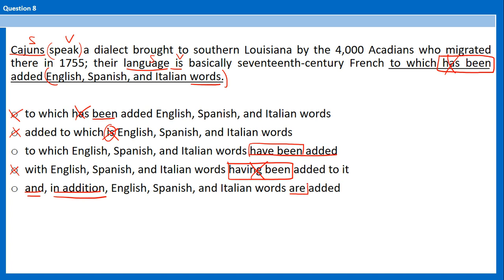And "are added," it's wrong. They have been added from the past up to the present. The best answer choice is number 3. Also, "to which" needs to describe 17th century French. Okay, so you have French to which words have been added. Number 3 is the best answer.